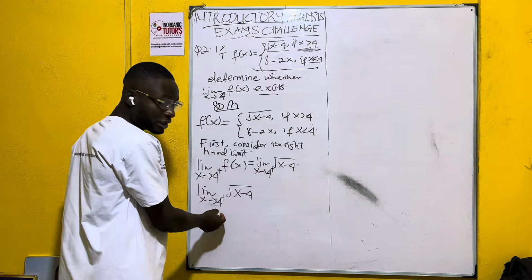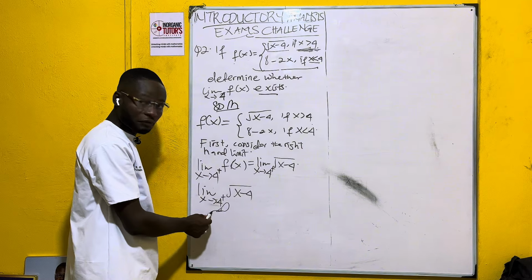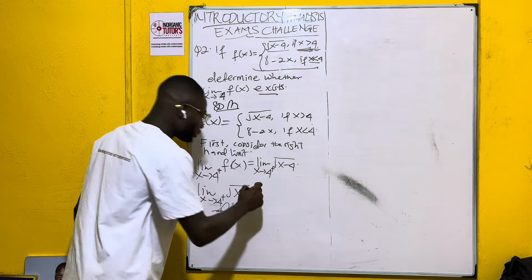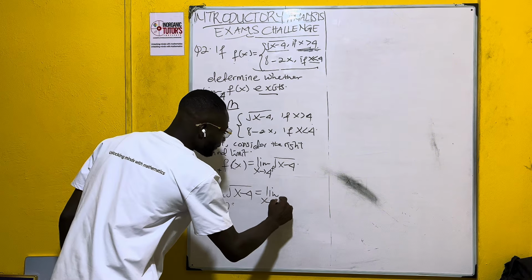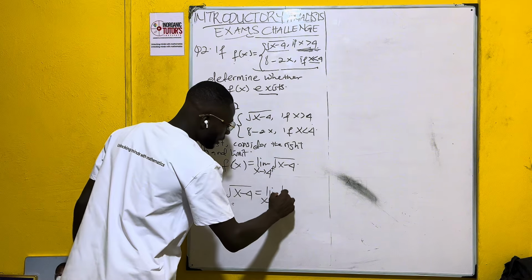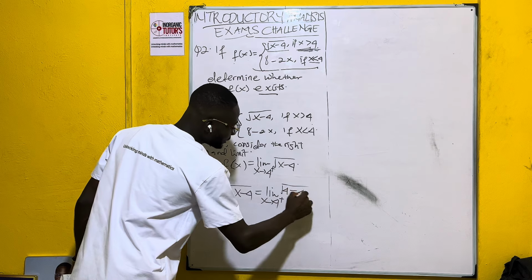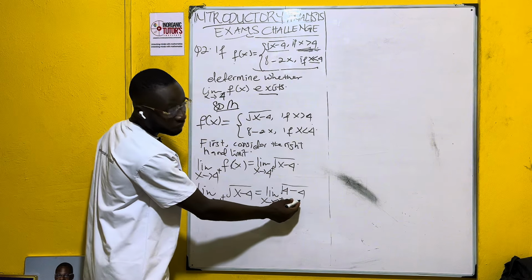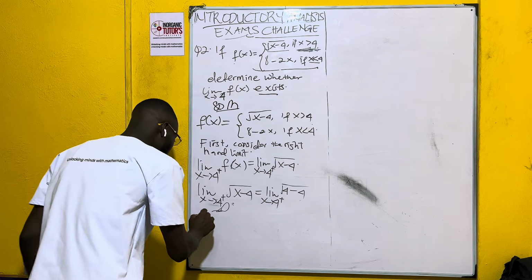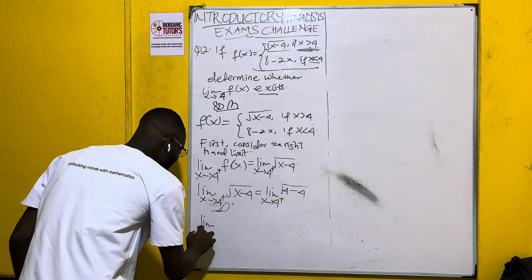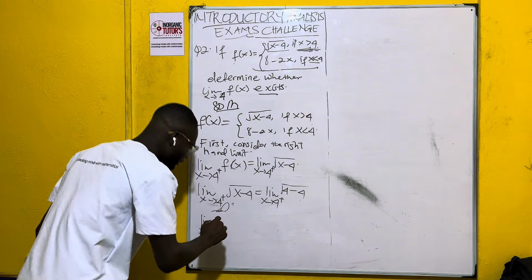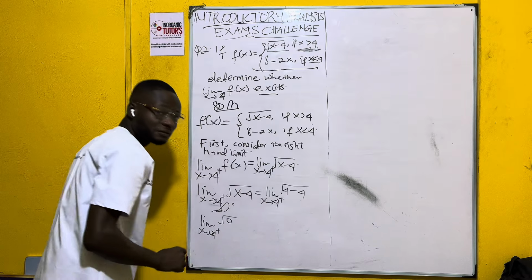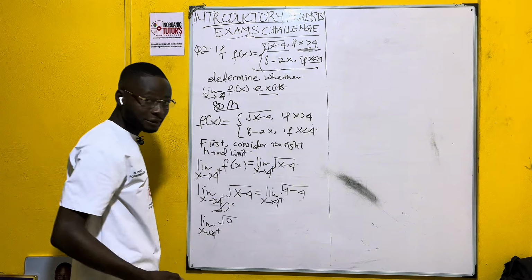Now, we're just going to substitute the value of 4 in place of x. So we have limit as x approaches 4 from the right-hand side of square root of 4 minus 4, and that is going to give us the limit of square root of 0, because 4 minus 4 is 0, right?